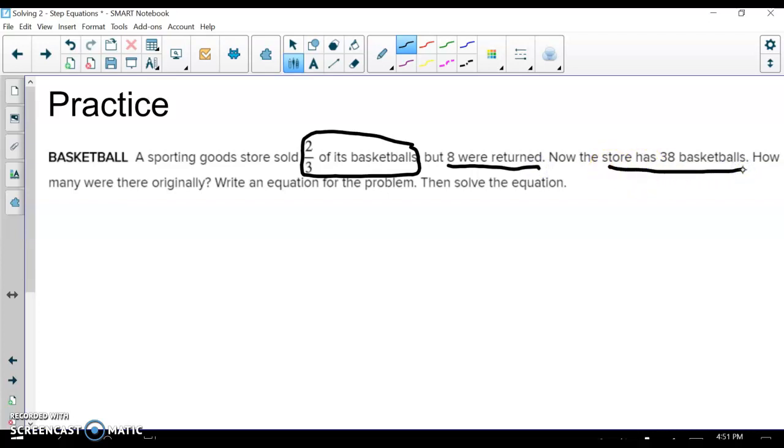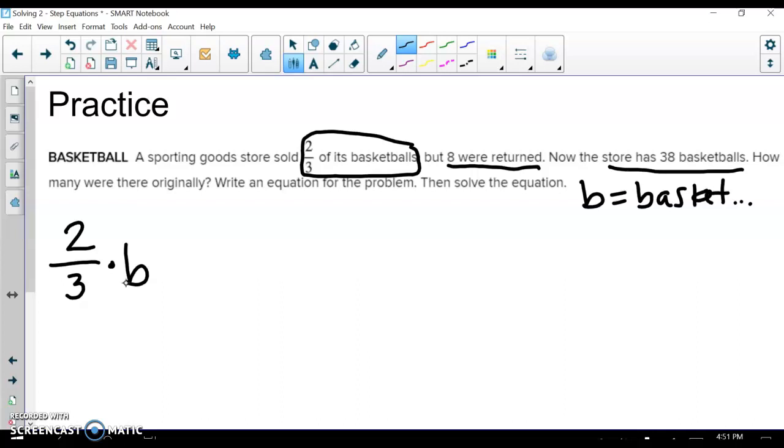So we know that 2/3 of its basketballs were sold. So we're going to use B for basketballs. So we have 2/3 times the number of basketballs were sold, but then 8 were returned.